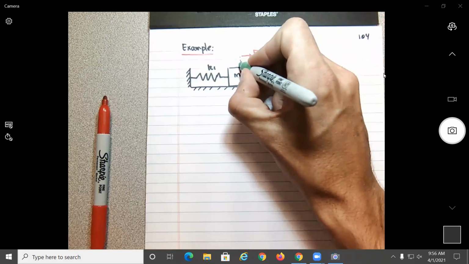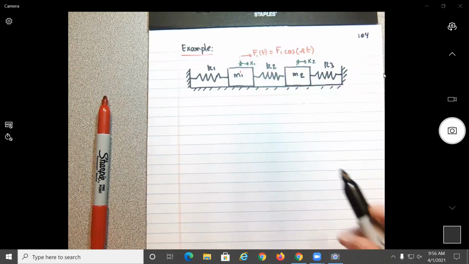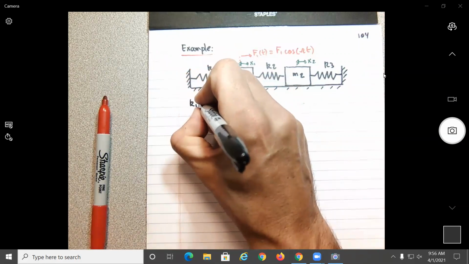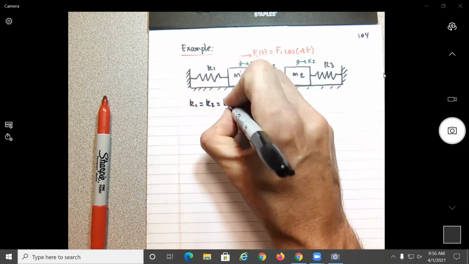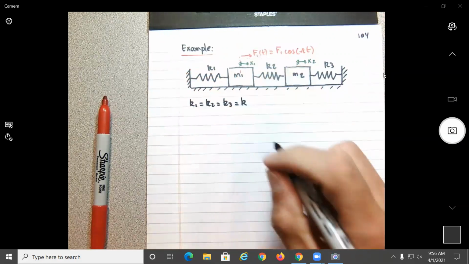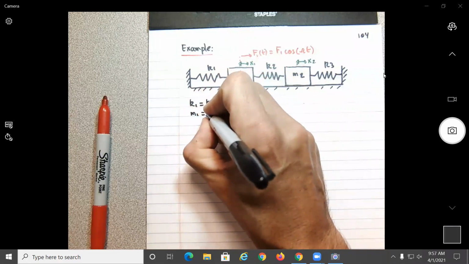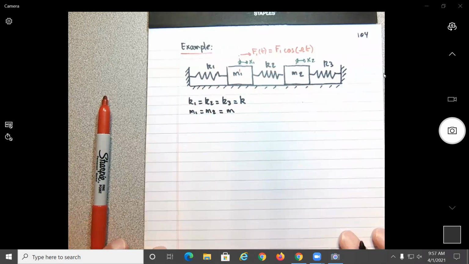So we have x1 that starts from the CG of the mass M1, x2 that starts from the CG of mass M2. For this problem, we're going to have K1 equal K2 equal K3, let's say equal to K. I'm going to take the simplest case, M1 equal M2 equal to M.